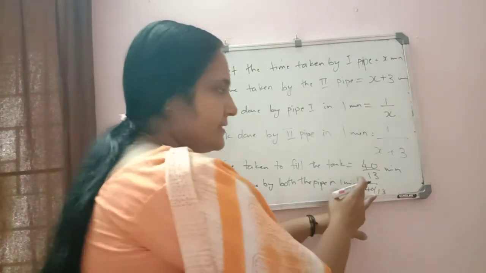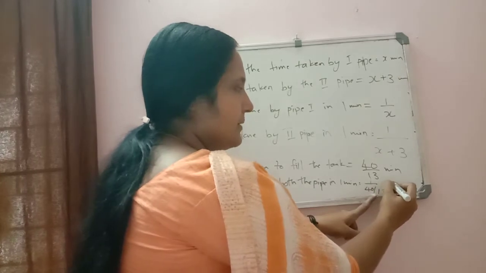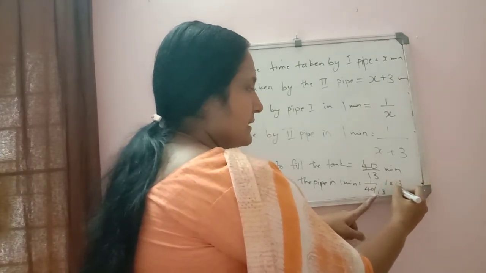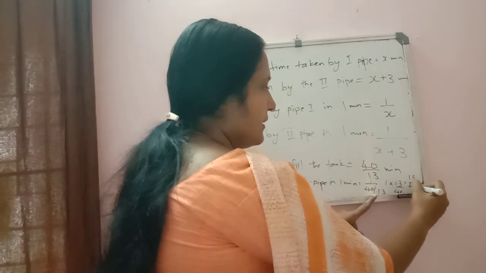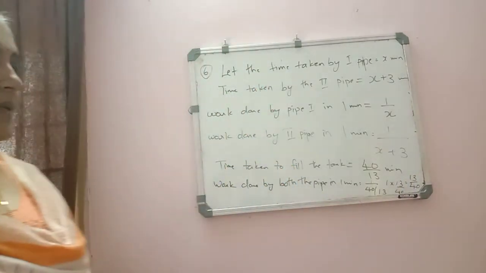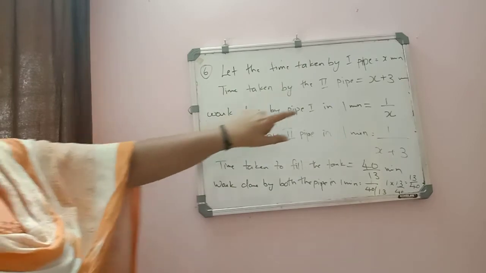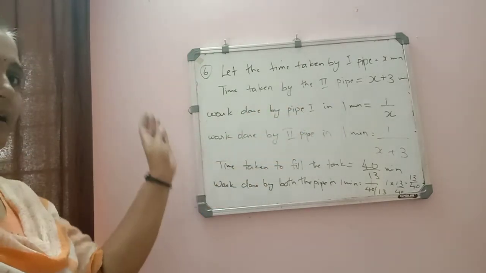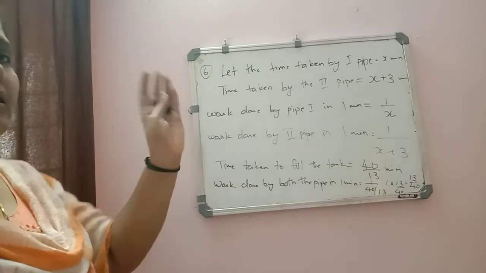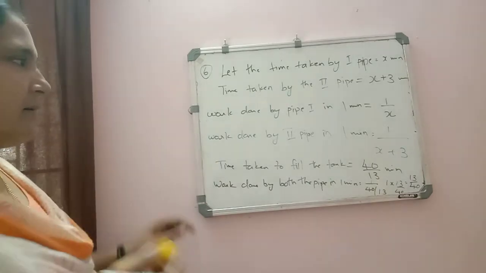So when we change the division into multiplication, it will be equal to 1 into 13/40. So work done will be equal to 13/40, because in the left hand side we are writing work done. So in the right hand side also we can equate work done to work done only, not work done to time there.